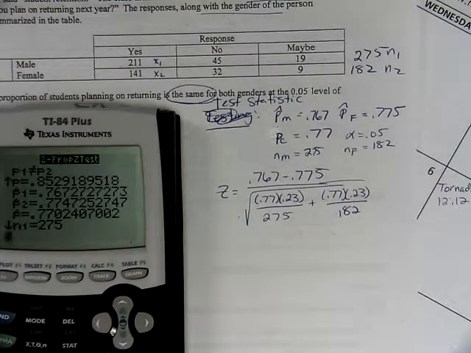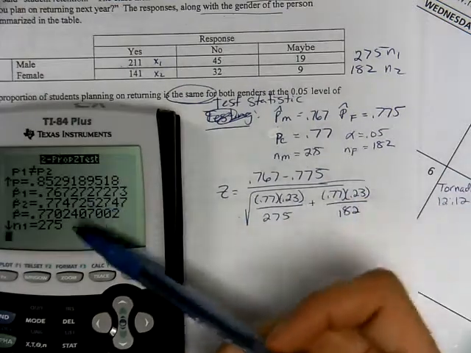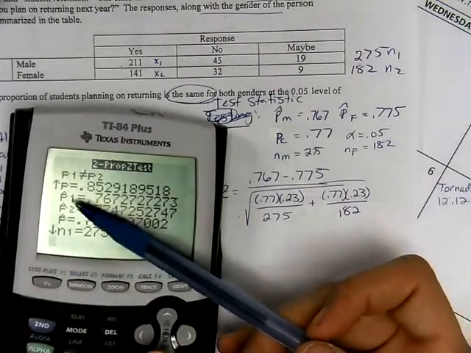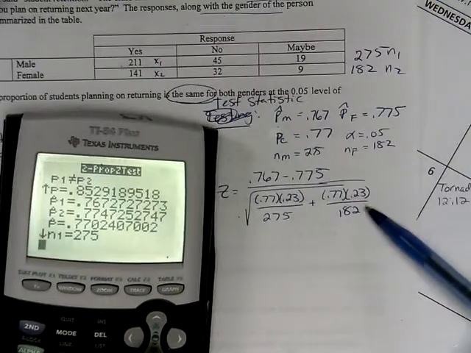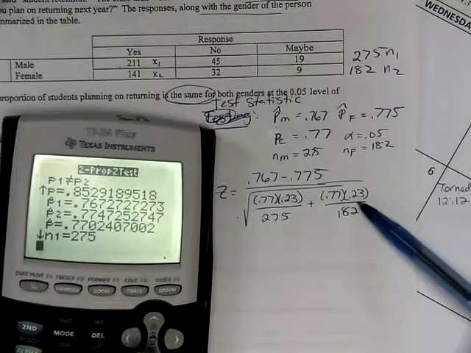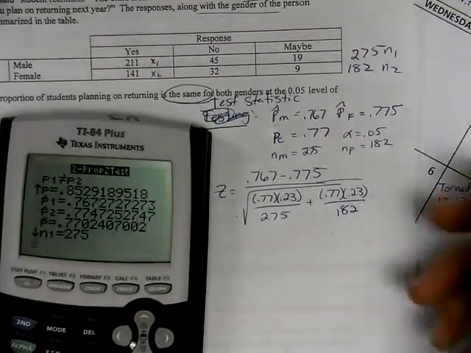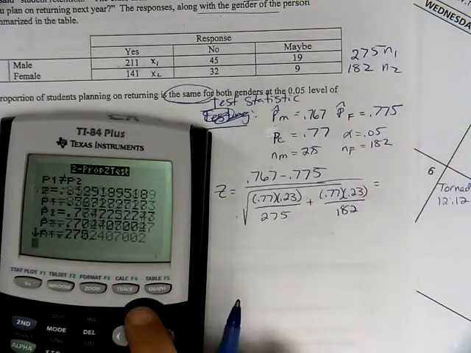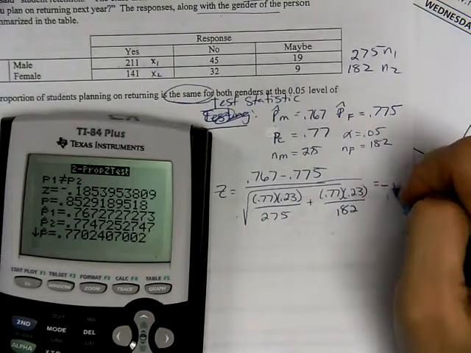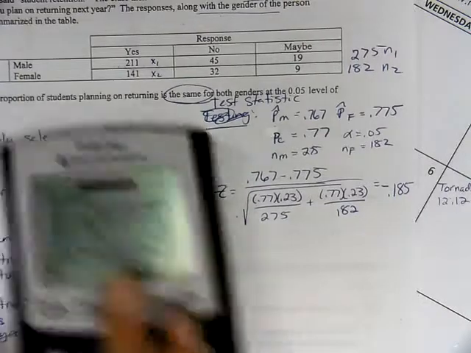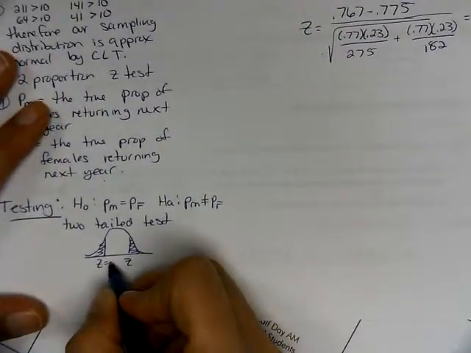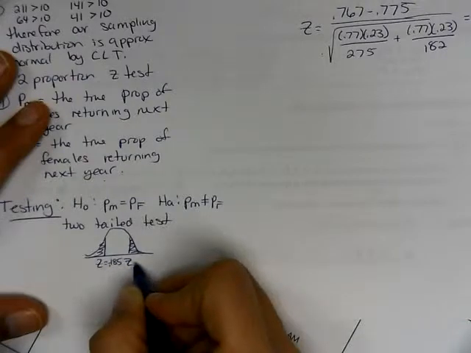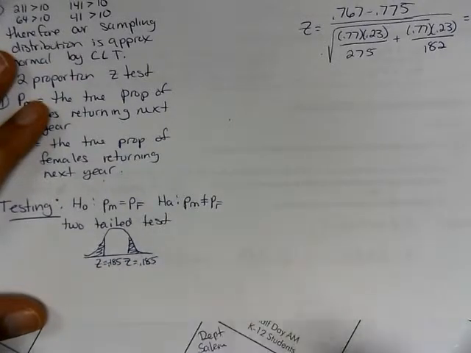So whenever you do a 2 proportion, that's why they give you 3 p hats here. P hat 1, p hat 2, that one's the combined. You use the combined in the denominator. So this equals negative 0.185. So here we'll have a negative 0.185 and positive 0.185.